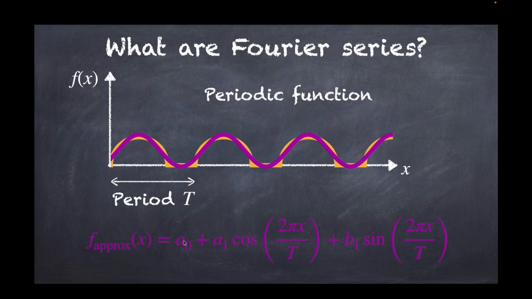So a0, then plus a1 cosine 2 pi x over t plus b1 sine 2 pi x over t. And I'm getting an approximation of the initial curve, which you see resembles just a sine function, really. I mean, there's not much difference yet.